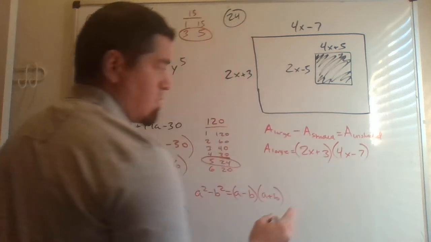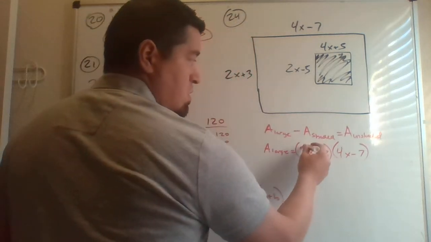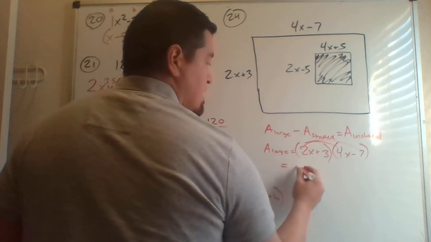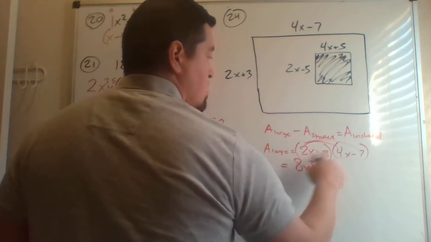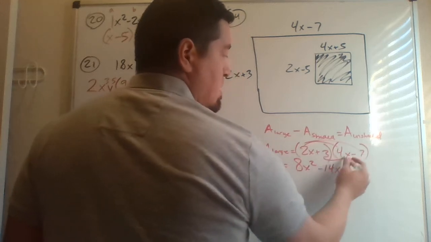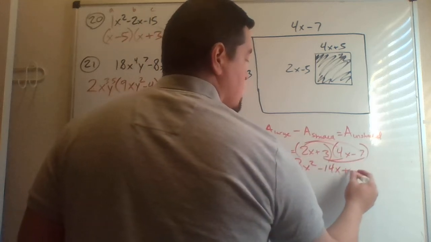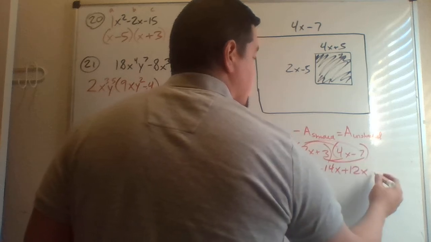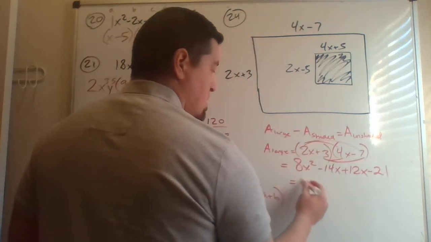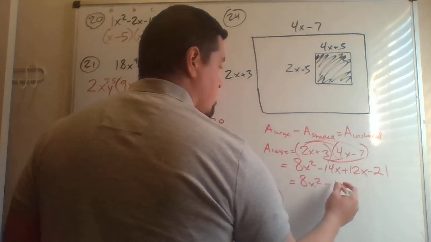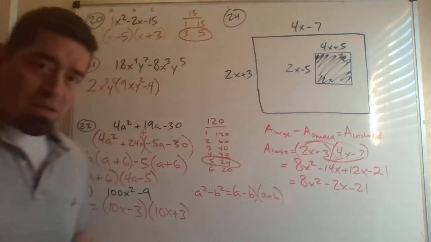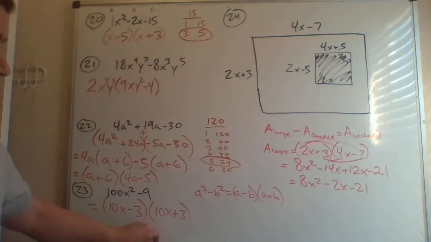Okay, so we kind of did this before on this video already, so we're going to do 2x times both of these. 2x times 4x is 8x squared. 2x times -7 is -14x. And now we're going to do 3 times both of these. 3 times 4x is 12x. 3 times -7 is -21. Combine any like terms, you get 8x squared minus 2x minus 21. Okay, so that's the area of the large rectangle.